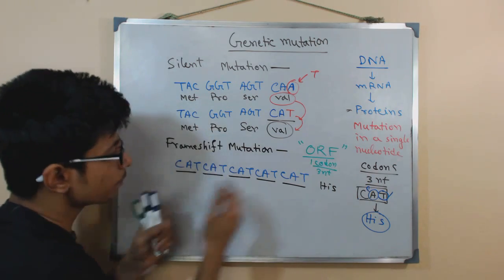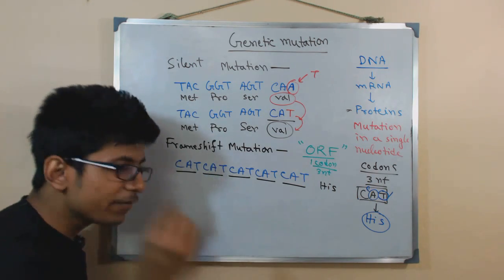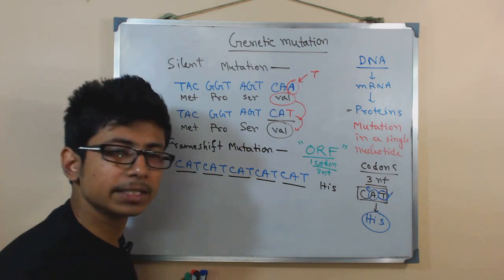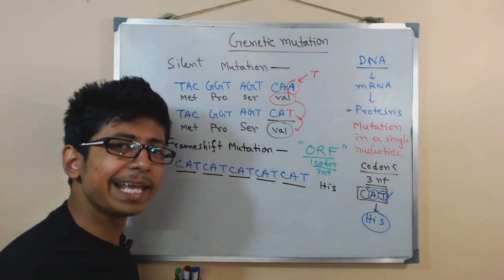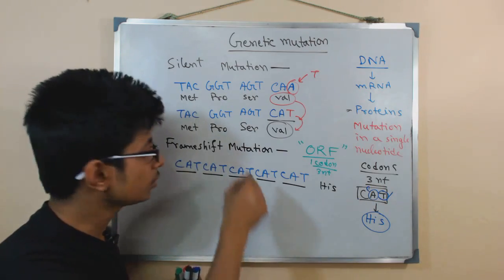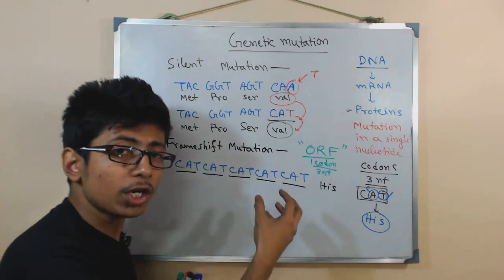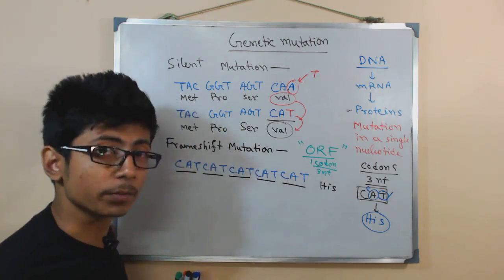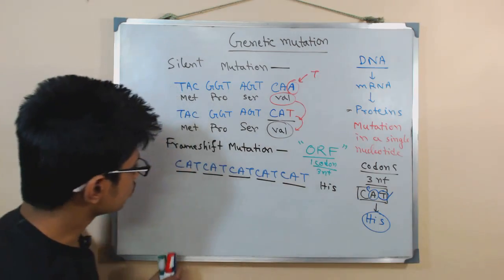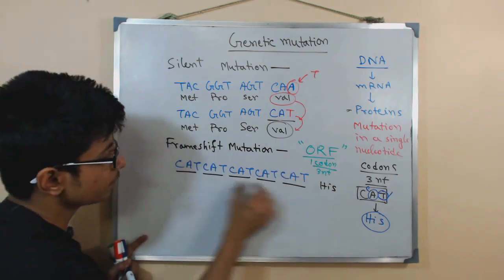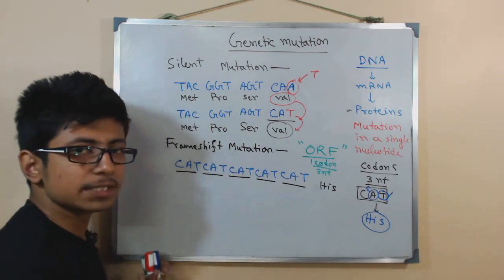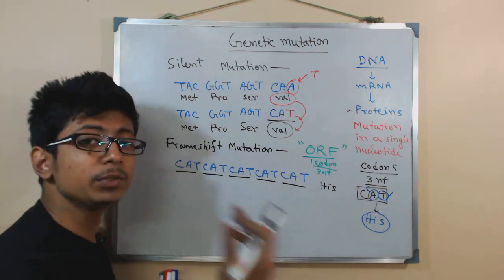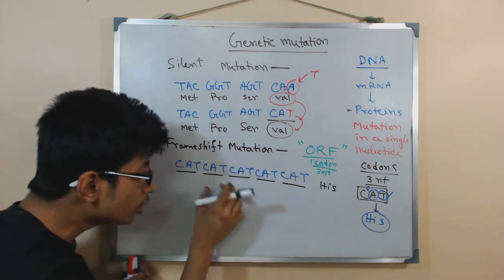Now during this process, for example, if by any error during DNA replication or transcription they add an extra nucleotide somewhere here, or they delete one nucleotide from here. So now these five reading frames are there. Let's say during the process they insert a new nucleotide which should not be placed here.